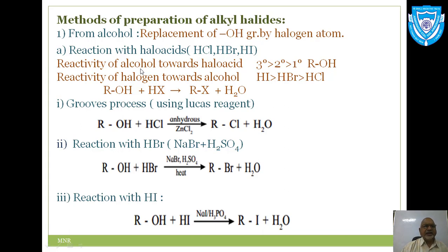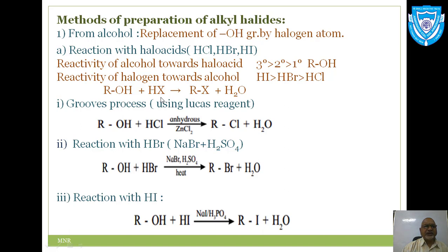Let us study the reactivity of these alcohols towards these haloacids. Tertiary alcohols are more reactive than secondary, secondary are more reactive than primary alcohols. If you see the reactivity of the haloacids towards alcohols, hydrogen iodide is more reactive than hydrogen bromide, and hydrogen bromide is more reactive than hydrogen chloride.